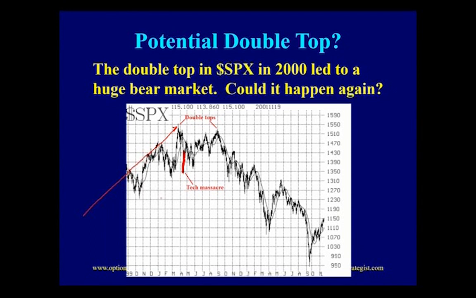Rumors were that Soros was selling out all his stocks, and it was not good for the market. But then the market righted itself and rallied and got back to the highs. And then a huge 2-year bear market started that cost 50% of the value of the S&P 500.